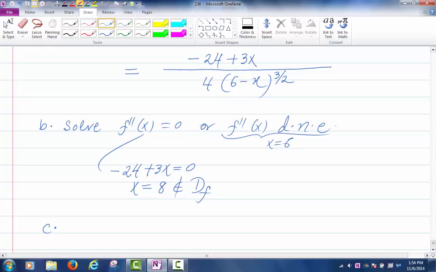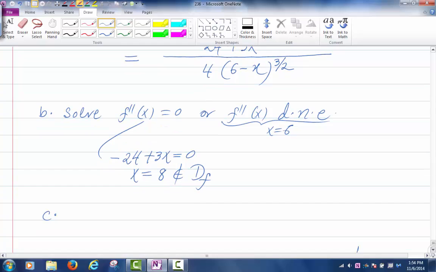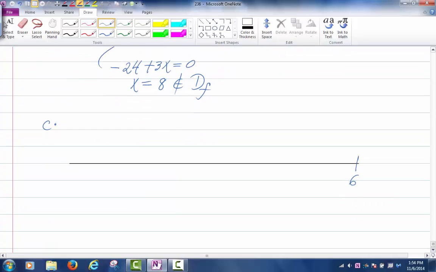So is it going to be positive or negative when x is less than 6? For example, I can plug in whatever I want less than 6. What would you plug in? 0. If you plug in 0, you get negative, and that tells you that the second derivative is negative throughout the domain, which tells you that our function f is what?